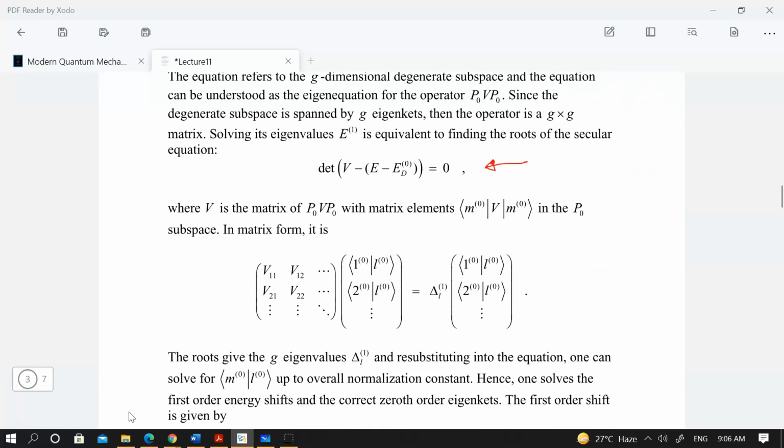So in other words, what we need is you get another set of lambdas, or set of eigenvalues, which correspond now to the energy shift.